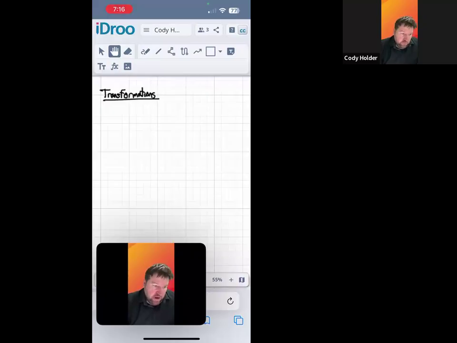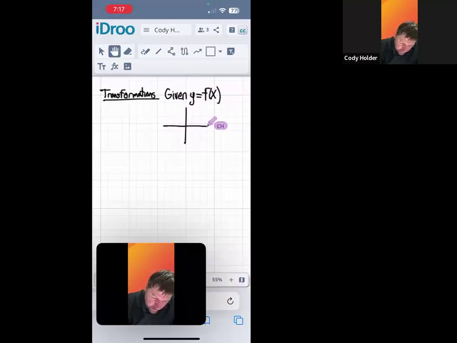It comes from transformations of graphs. So if you're given a graph or a function y equals f of x, that of course corresponds to some graph in the xy plane. Then we can shift the graph with a transformation so that we move it around and we might stretch it or we might compress it.